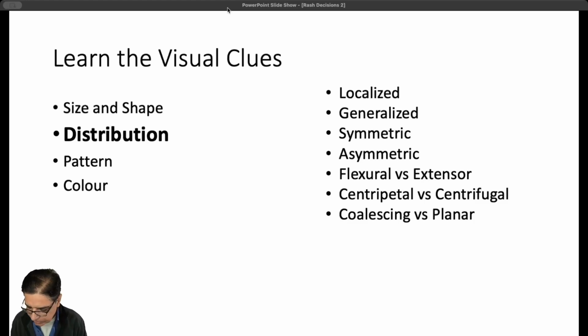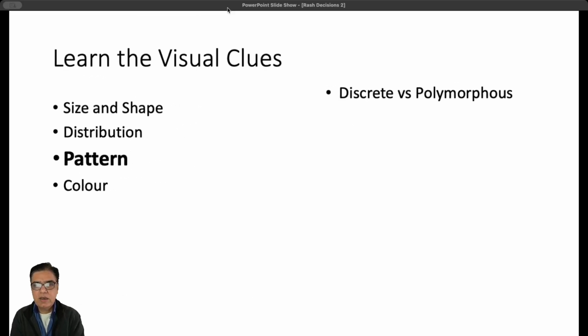The third thing, after you have mentioned the distribution, is the pattern of the rash. Some rashes might be quite discrete, where every point is different. Some of them are polymorphous, where you see more than two types of shapes in the same rash.